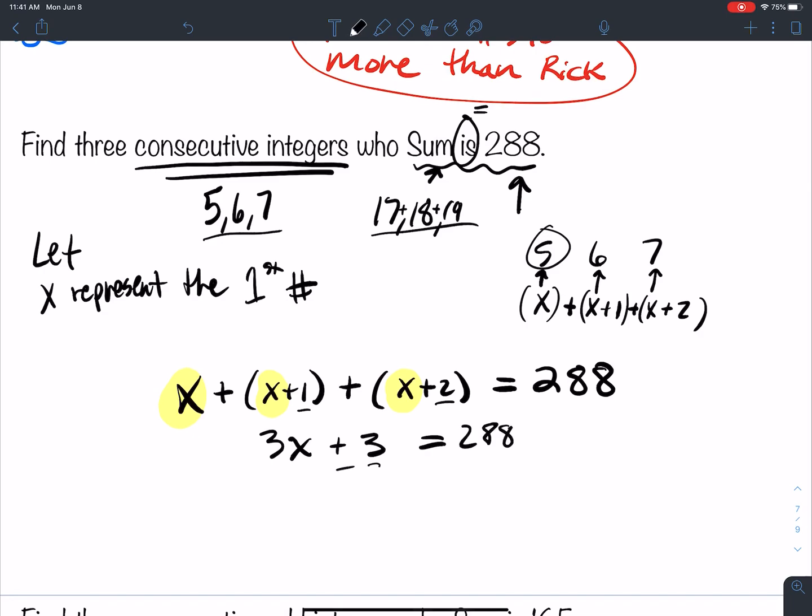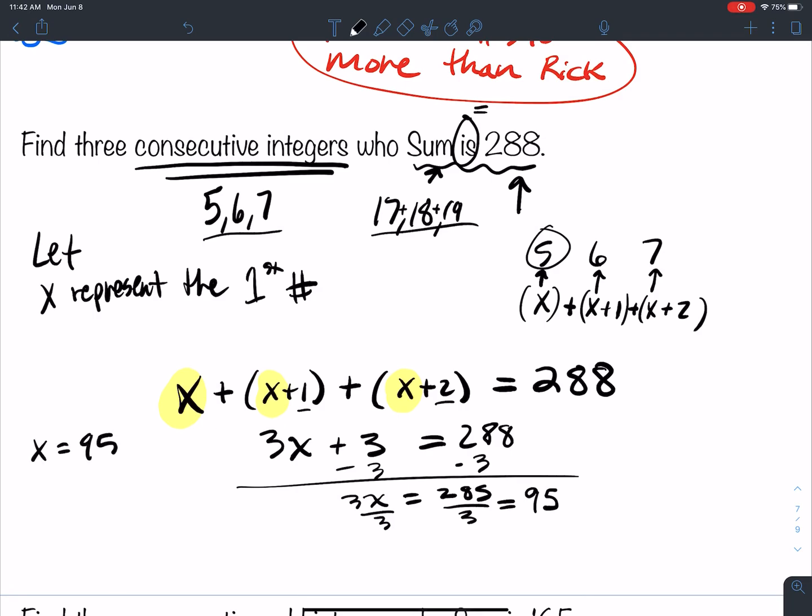To solve for x, I do the inverse of adding. I subtract, so I get 3x equals 285. Divide by 3. And I actually get 95. Okay? So this tells me that the first number, x, is 95.